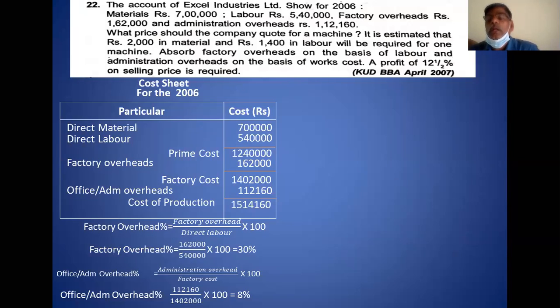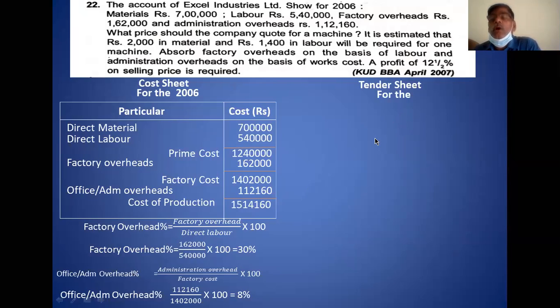Then you prepare the quotation. On the basis of this basic information, first you calculate, and after calculating this, you prepare the quotation sheet. Now I prepare the quotation, the tender sheet. First I will take the material.